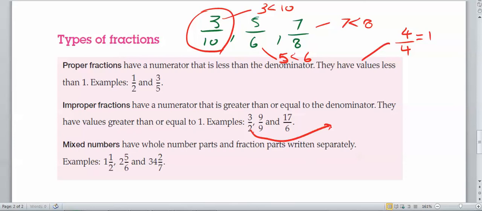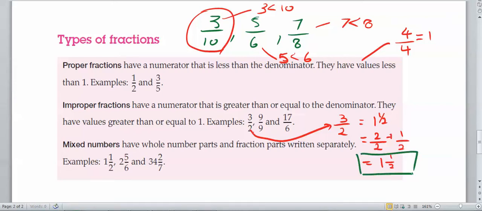We can actually write 3/2 as 1.5. Or we could treat it as though it's equal to a whole plus a half, which is then going to be equal to 1.5. And these things here are known as mixed numbers.